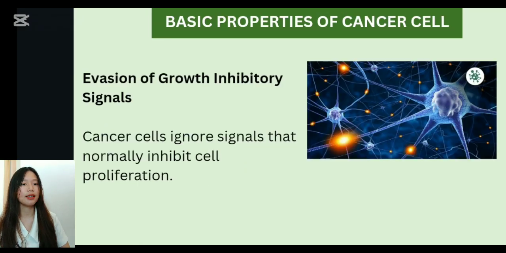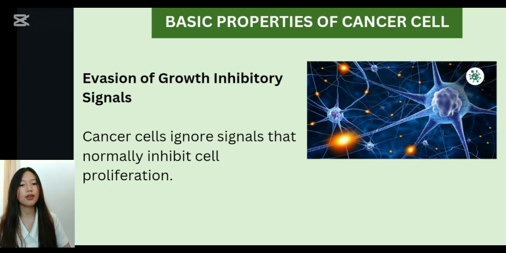So, next is, ang properties din ni cancer is evasions of growth inhibitory signals. So, meaning the cancer cells is do not respond to the signals that tell them to stop growing. So, ang cell proliferation, ang role niya kasi is yung cell is mag-undergo a cycle of growth and divisions, leading to an increase in the number of cell.